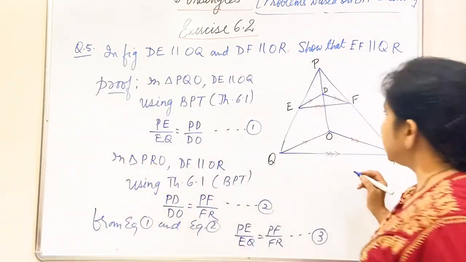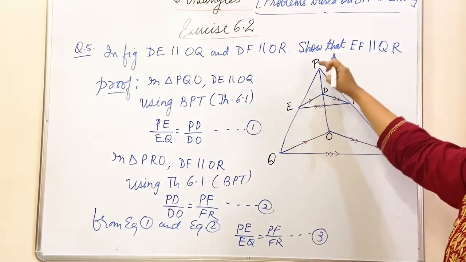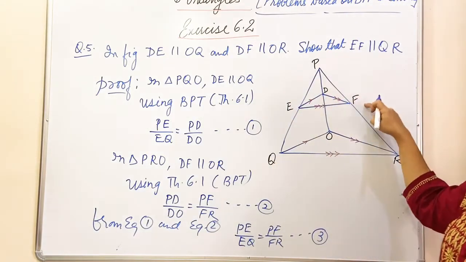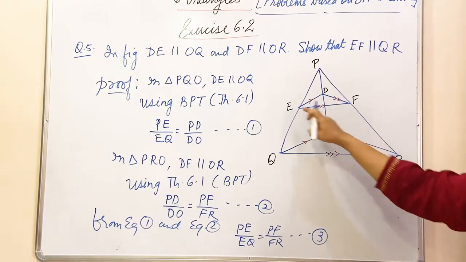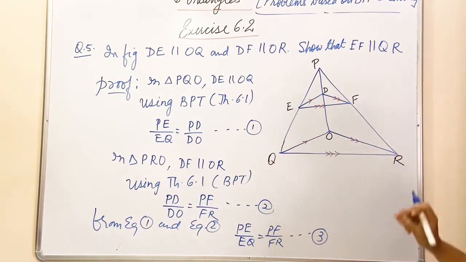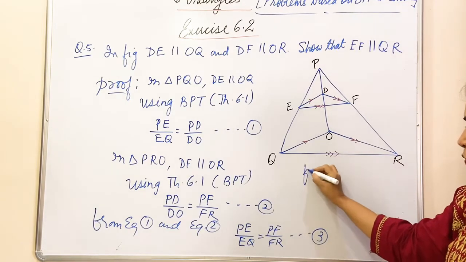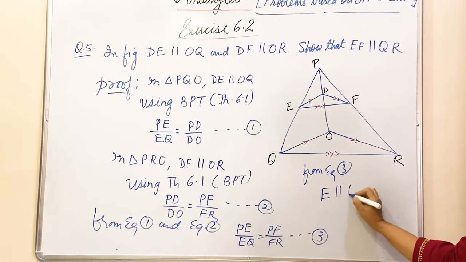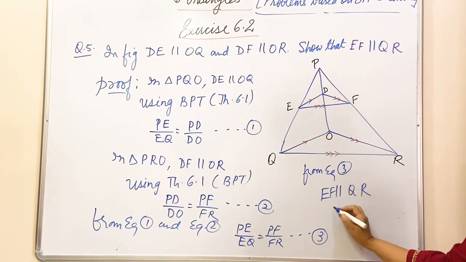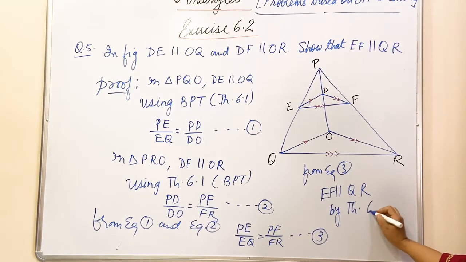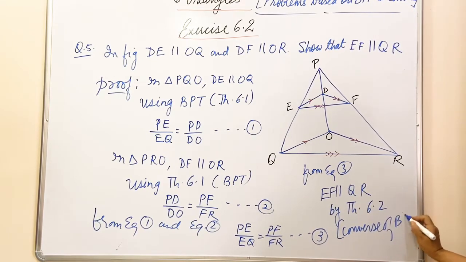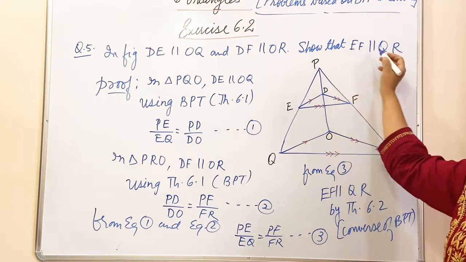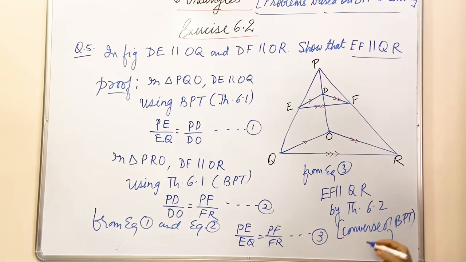Therefore, from equation 3, EF is parallel to QR by theorem 6.2, that is the converse of BPT. This is what we wanted to prove. EF is parallel to QR. Hence, proved.